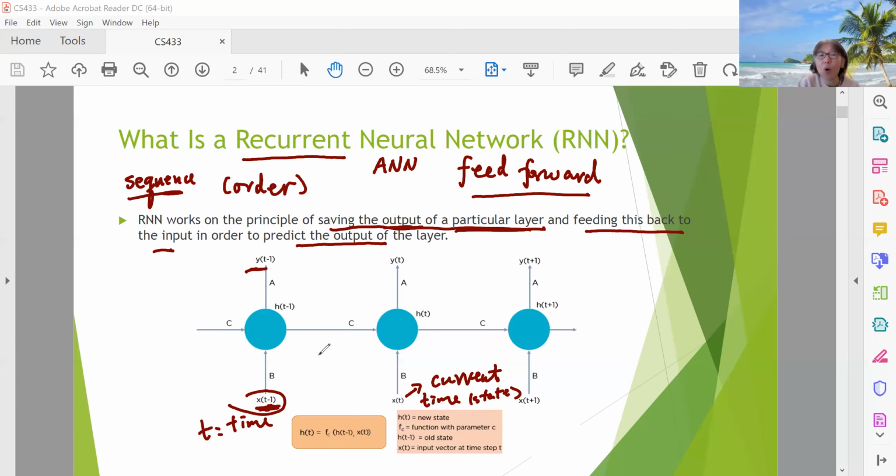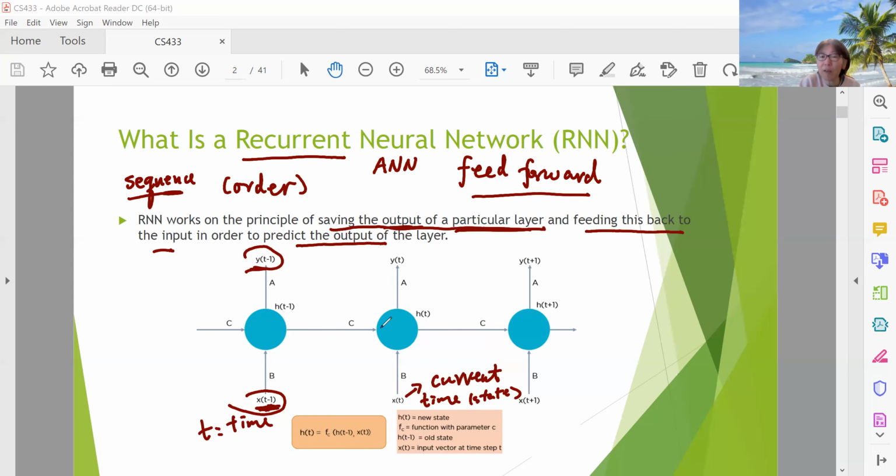So at time t minus 1, you train the neural network and you get some output y minus 1. Here is the hidden layer, which will generate some output.